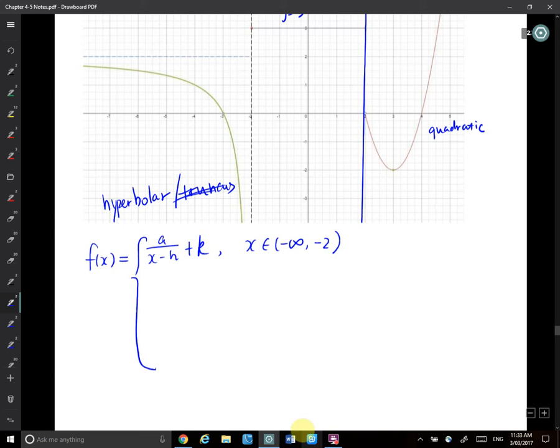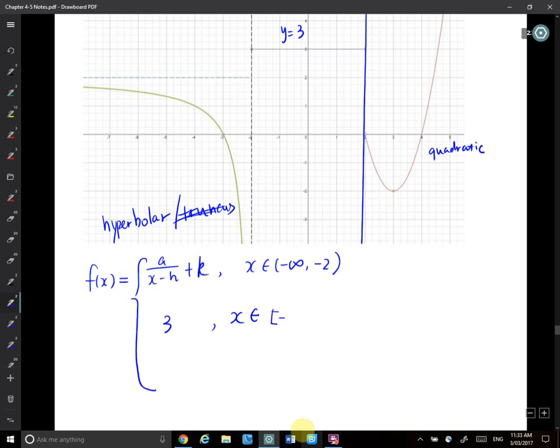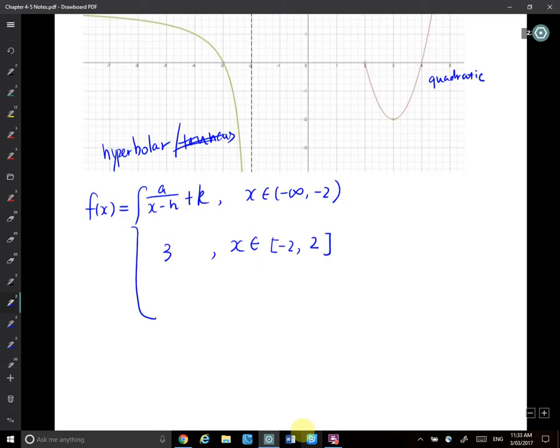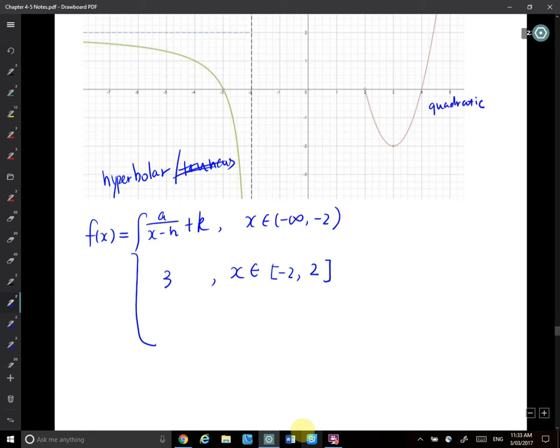The second one is y equals 3, so f(x) equals 3, x belongs to from negative 2 to 2, including both ends. And the next one is like a quadratic, a(x minus h) squared plus k, x belongs to 2 to infinity.